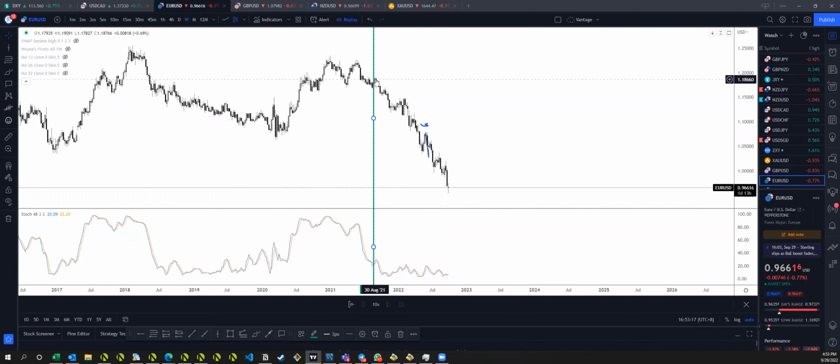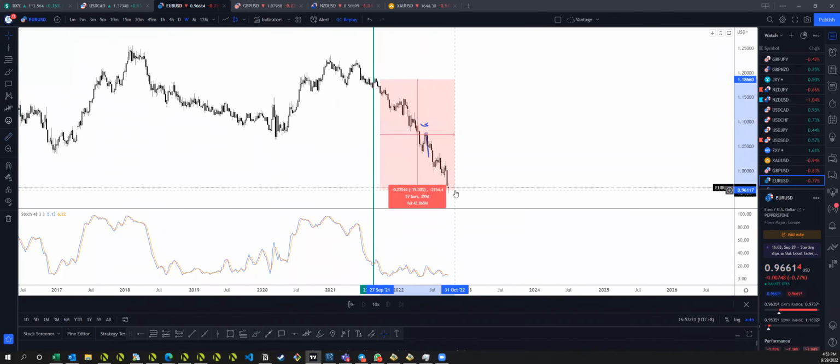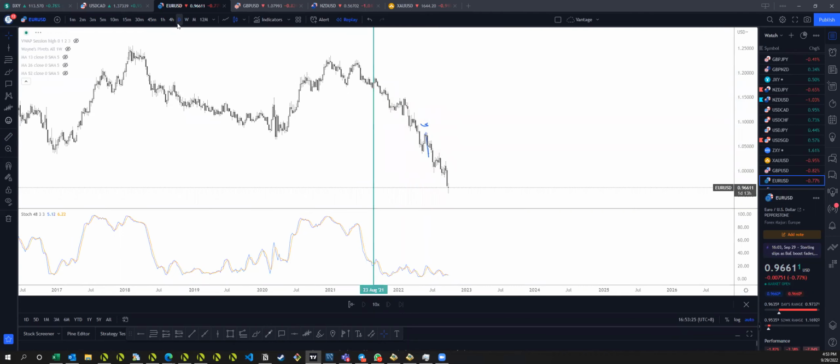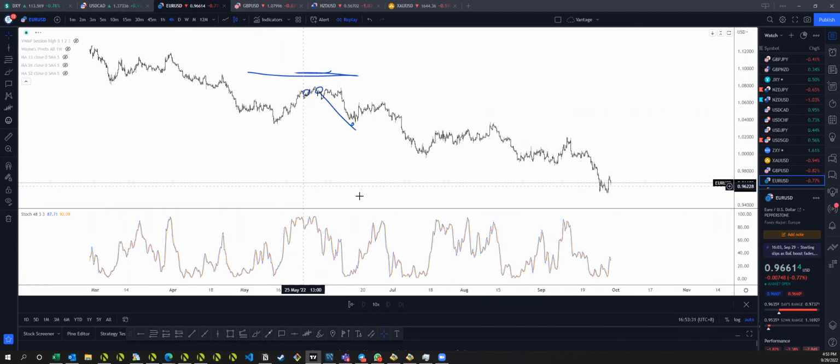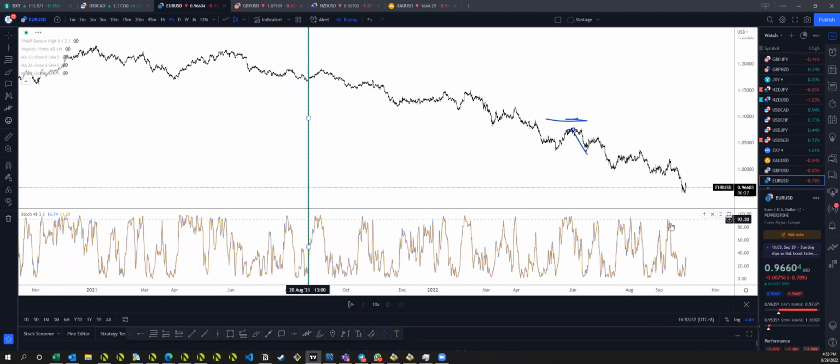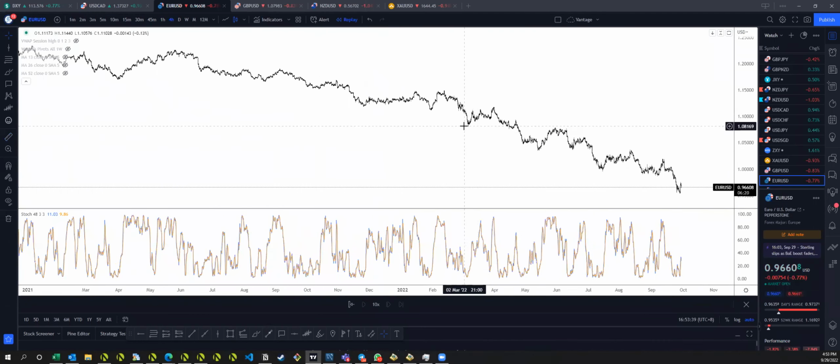So this would have been a 2000 pip move without any entries for sell. So you go down to daily, you might have 2 entries, and then you go to the 4 hourly, you might have more entries here. So that's kind of the idea.